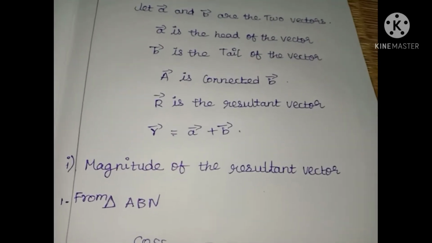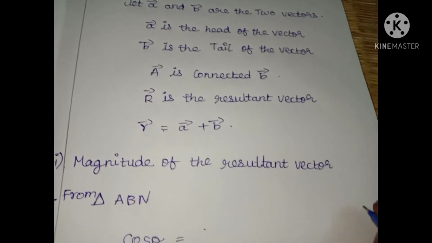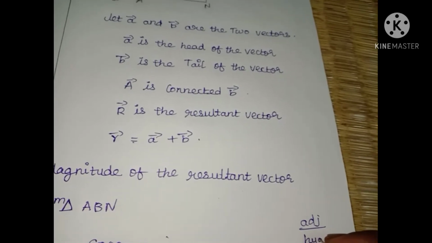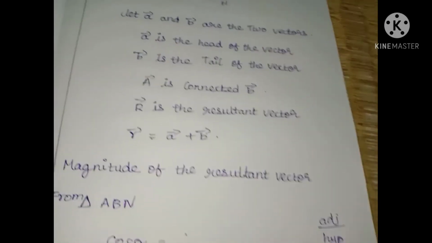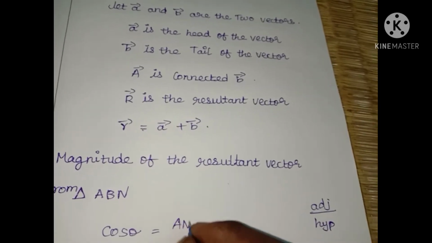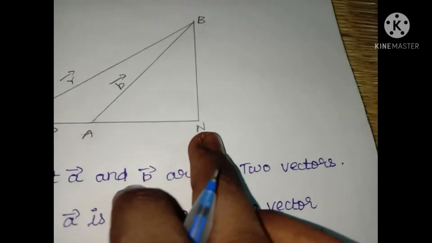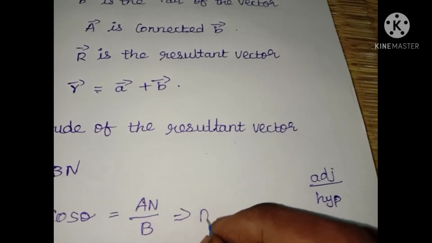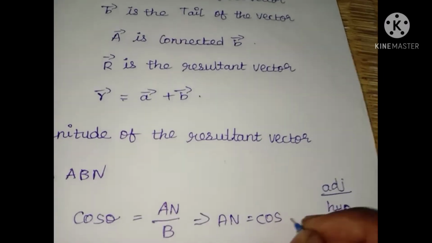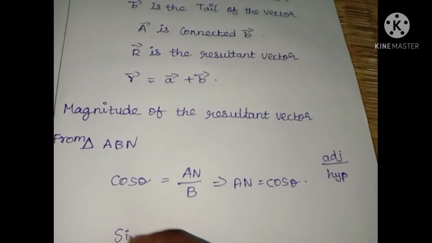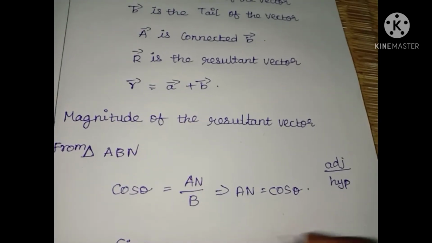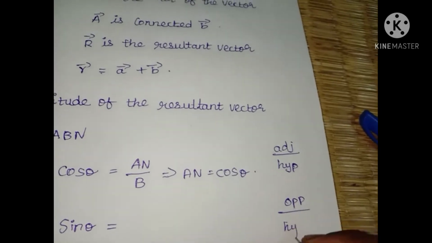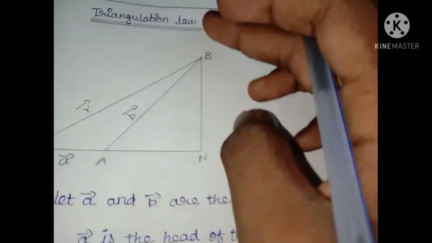Now cos theta is equal to, the cos theta formula is adjacent by hypotenuse, then AN by B. So AN is equal to B cos theta. Then take sin theta. Sin theta formula is opposite by hypotenuse.